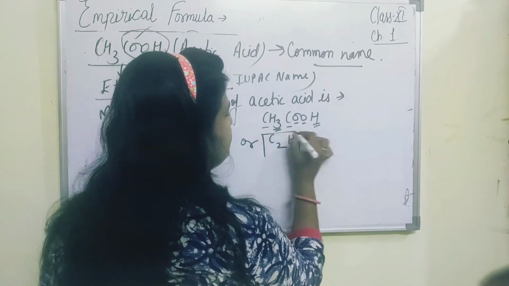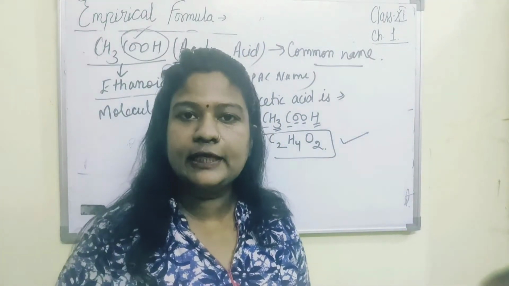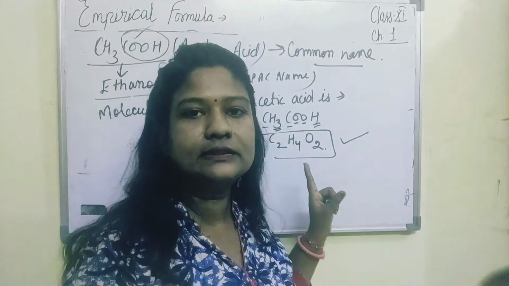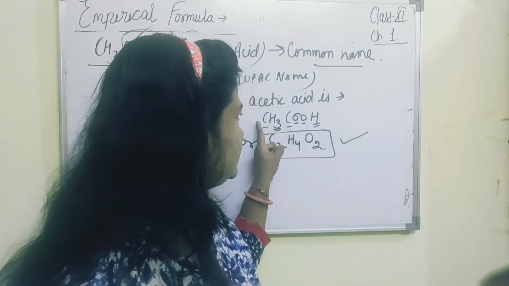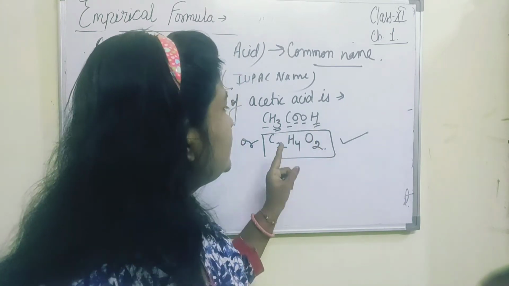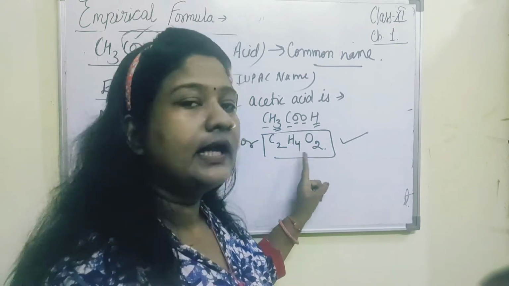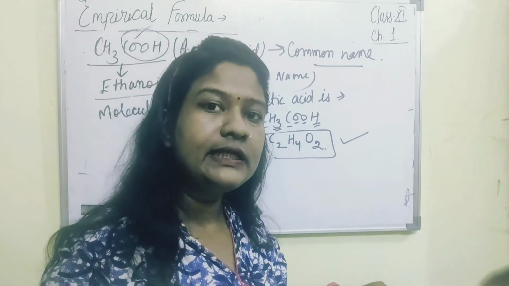So this is the molecular formula of the acetic acid, which represents the actual number of atoms present in this molecule. 2 carbon atoms are present, 4 hydrogen atoms are present, and 2 oxygen atoms are present. So it represents the actual number of atoms present in any molecule.